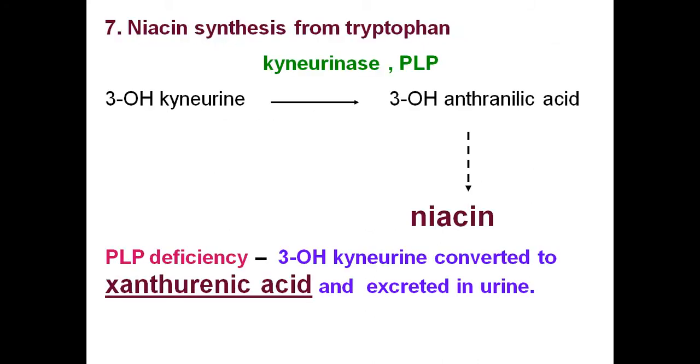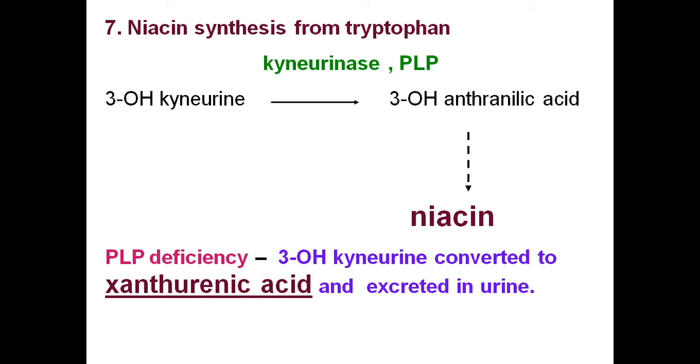PLP as coenzyme. And PLP is also required for the synthesis of niacin in tryptophan metabolism. In tryptophan metabolism, 3-hydroxykynurenine is formed as an intermediate and gets converted to 3-hydroxyanthranilic acid, from which niacin is synthesized. The kynureninase enzyme requires pyridoxal phosphate as coenzyme.